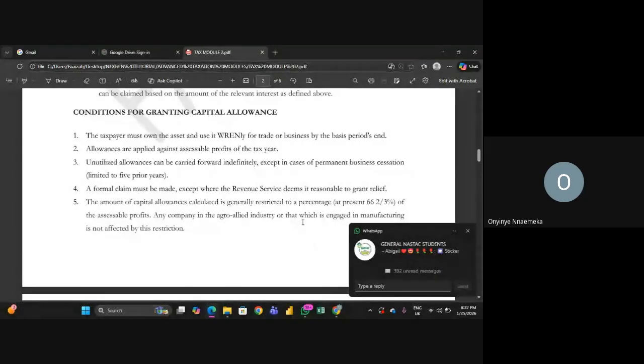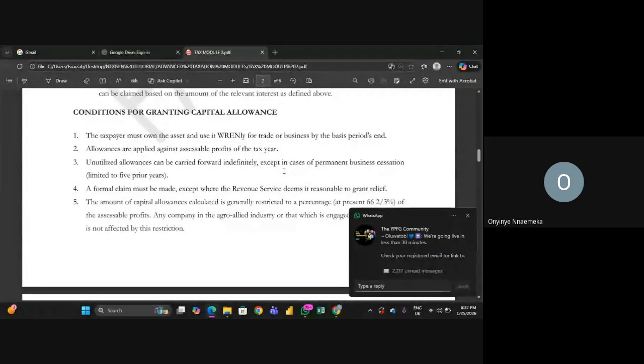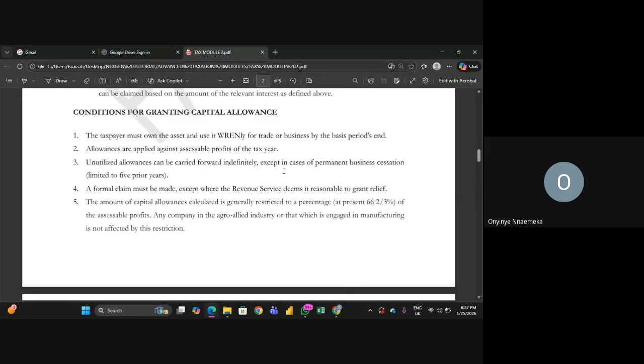Okay. So unutilized allowance can be carried forward indefinitely, except in case of permanent cessation of business. So we are saying that if, in this condition 2, you have a loss instead of a profit, it means that you cannot claim that particular allowance. You can carry it forward to the next year, hoping you would have profit in the next year.